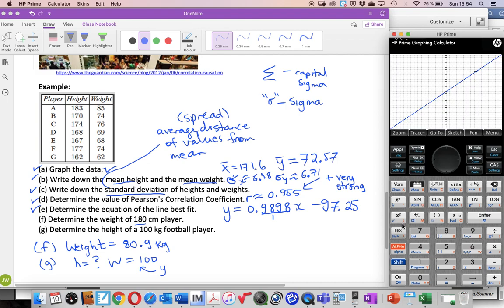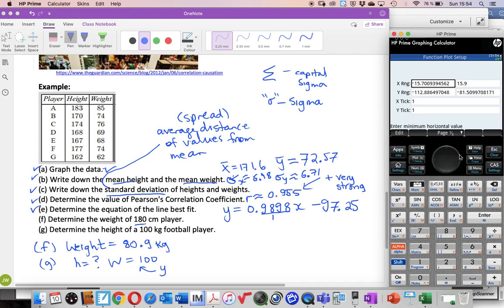But if it's not working, we're just going to fix the window manually. So let's go to plot setup. Okay, so what is this? This is way too small because look, our y has to be, it somehow plotted me not very well. So we want the y to be showing 100.